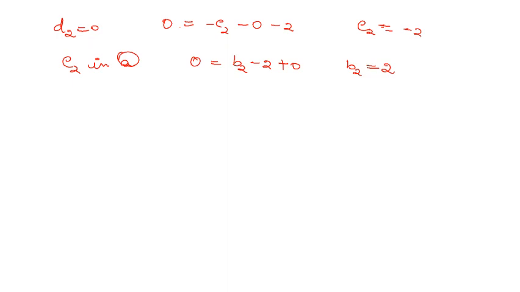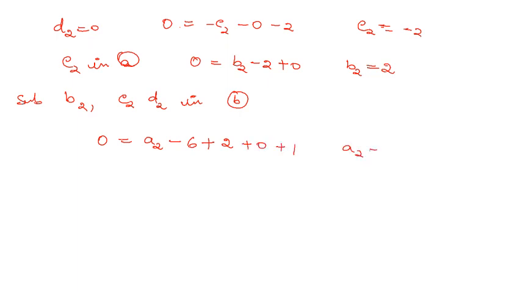So substituting the b2 value, c2 value and d2 value in equation b of the pi 2 term, I'll get 0 is equal to a2 minus 6 plus 2 plus 0 plus 1, so a2 is equal to 3.